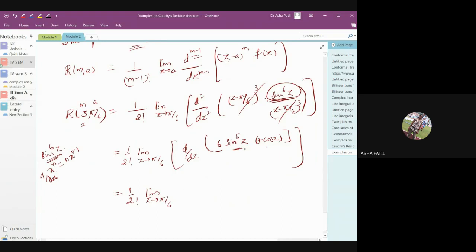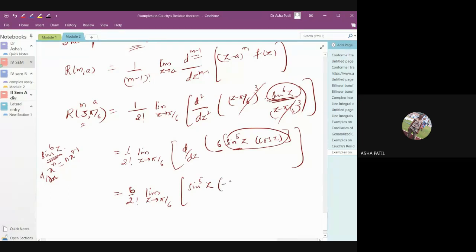Now we need to differentiate this term once again. Let me keep 6 outside. We'll differentiate only this function. So you have to go for u into v here. sin^5 z into cos z needs to be differentiated by taking u into v. sin^5 z will keep as it is.